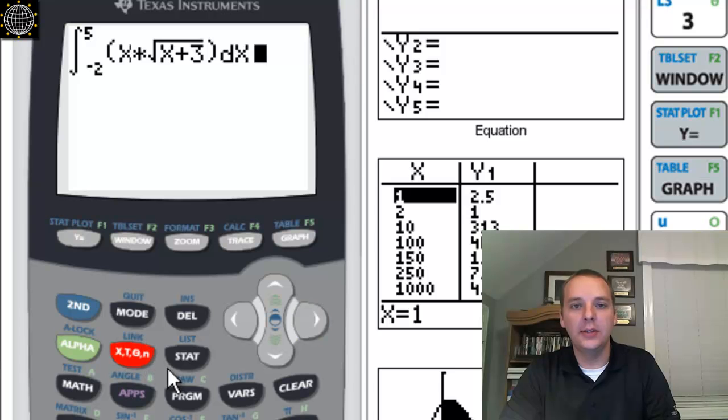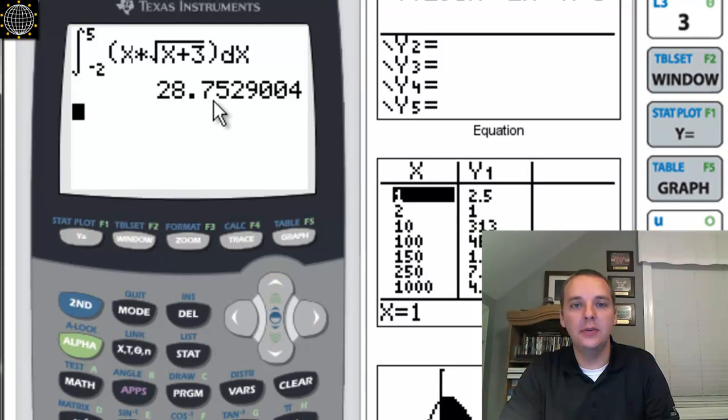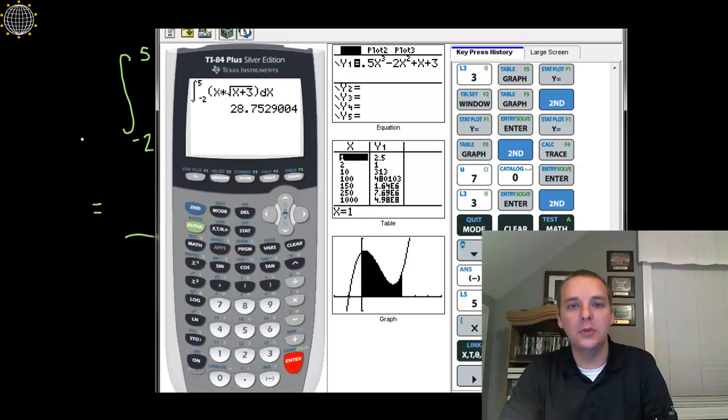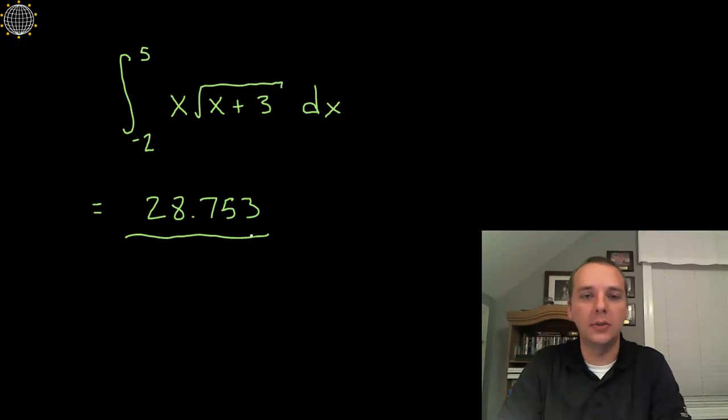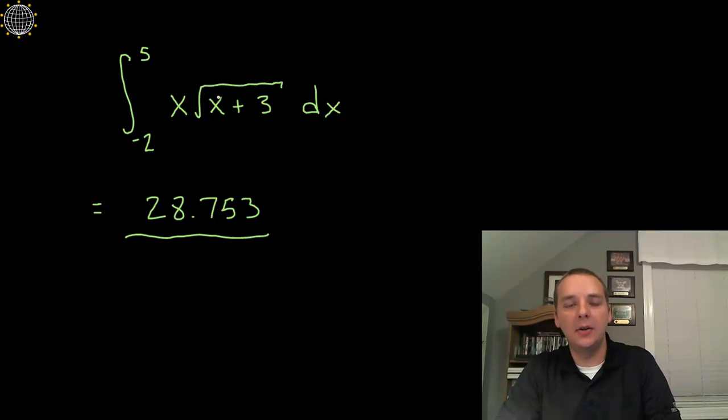We're going to integrate all that with respect to x. It looks verbatim just like what we had a minute ago. We have it all typed in, looks good, push enter. And man, that was easy. 28.753, rounded. And so that's the area under this curve from -2 to 5.